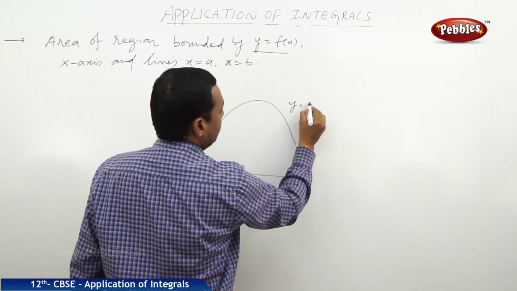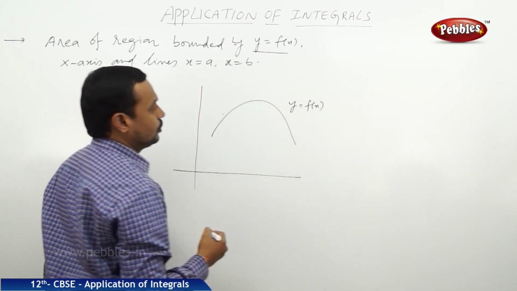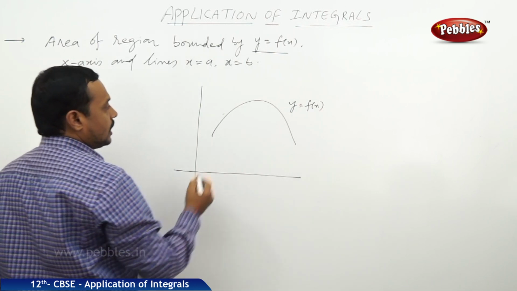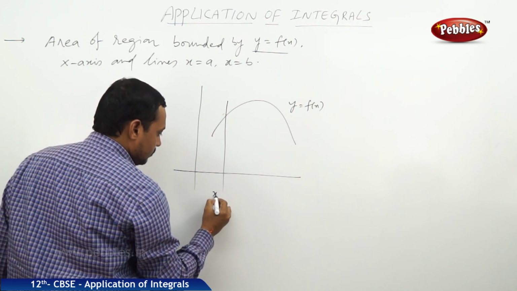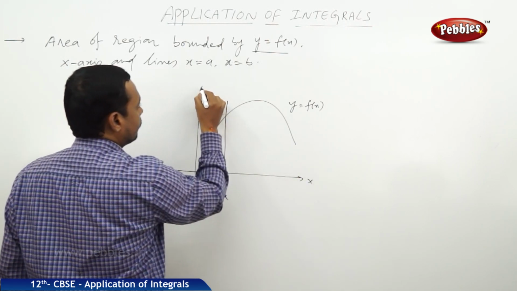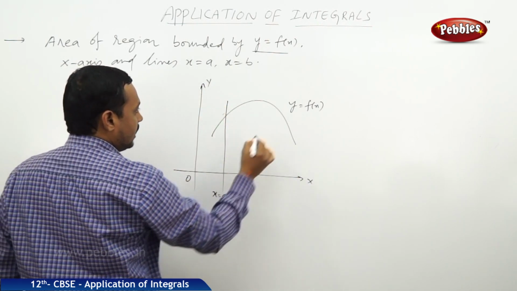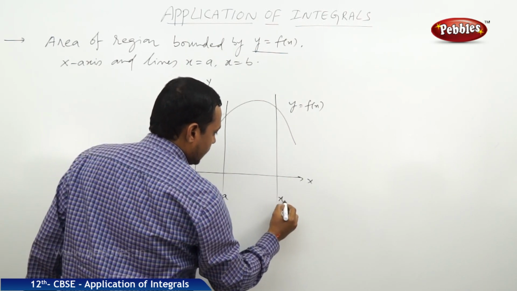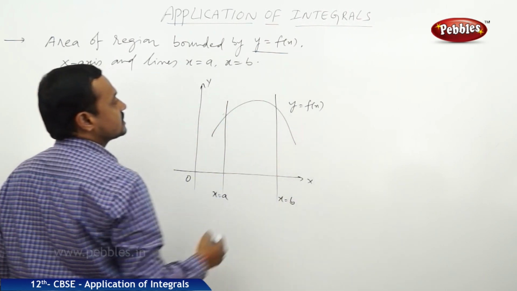Let it be the curve y is equal to f of x, and x is equal to a parallel to the y axis, and x is equal to b, another line parallel to the y axis.